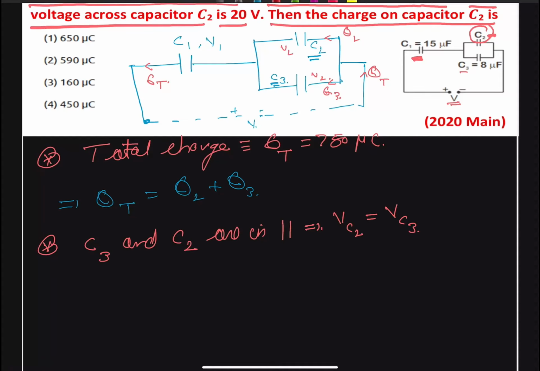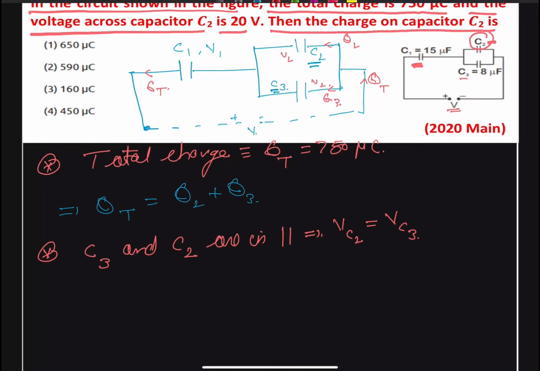So across C3 it will also be 20, which is the common voltage V2.